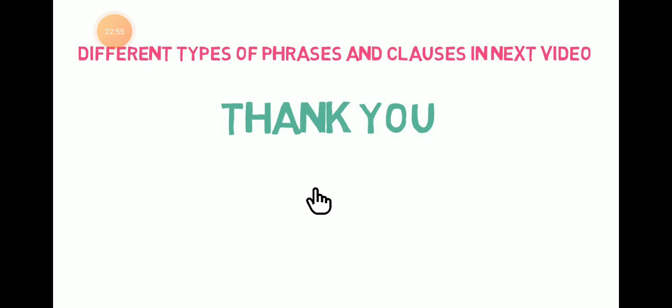If questions arise in the exams, just find out which is a dependent and independent clause, or where you will get the perfect subject and verb combination in a sentence. If there is a subject and verb combination in a sentence, it is called an independent clause. If there is no subject and verb in a sentence, then it is called a dependent clause or a phrase. This is what you have learned today.